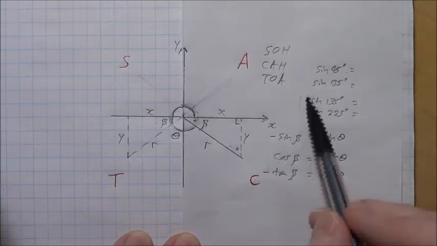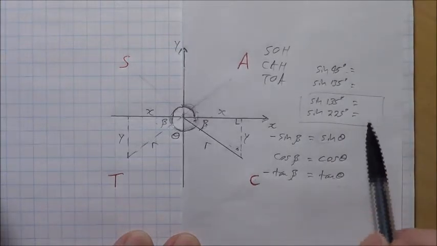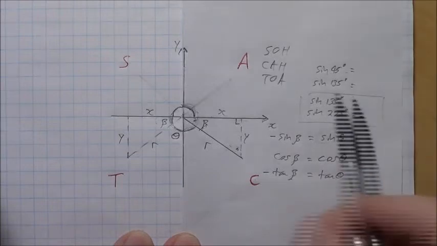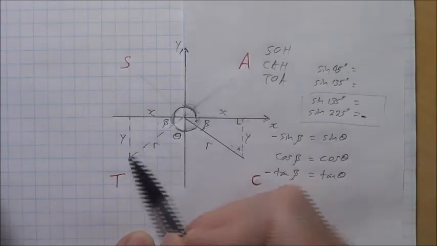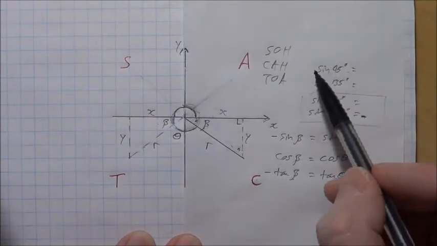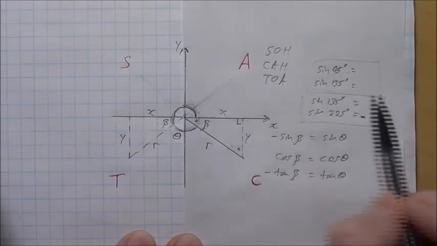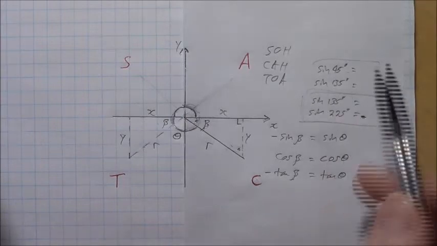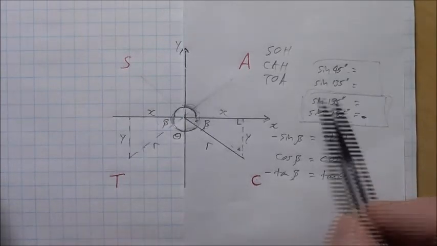Well, in this case, they're going to have the same value, but sine of 225 degrees is going to be negative, because it's going to be down in the third quadrant here. So here they're exactly the same values, but they're going to have opposite signs. And that goes the same with cosine and tangent as well.